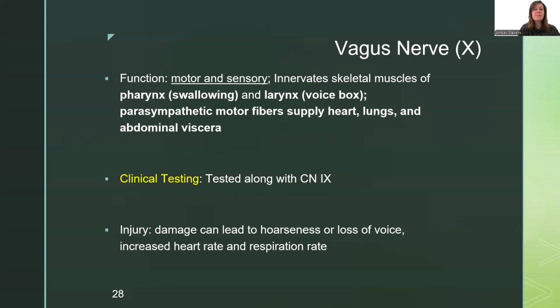The sensory part of this nerve provides sensations from internal organs. How we test for this, you test alongside the glossopharyngeal nerve by checking swallowing and also the gag reflex. If this nerve is damaged or injured, damage can cause hoarseness, loss of voice, or issues with heart rate and digestion.